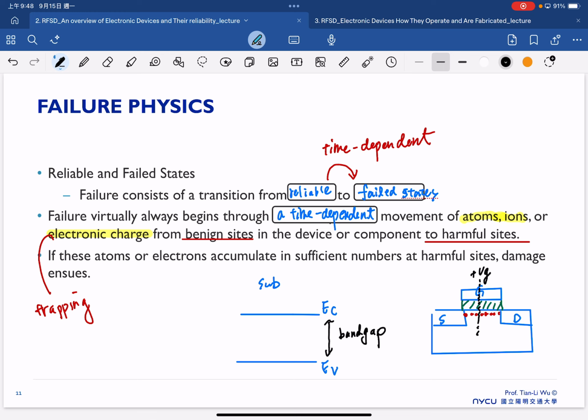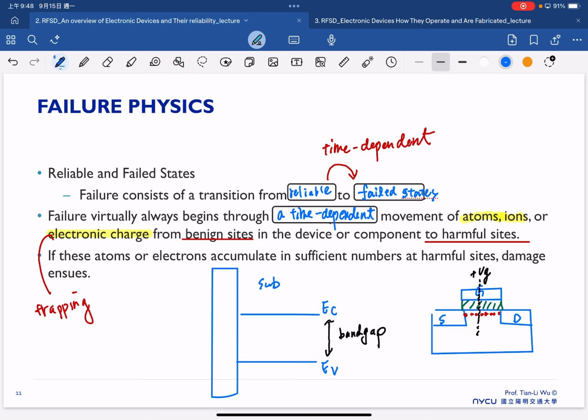This is the band diagram for the substrate, and beyond the substrate we start to have the dielectric, which, as you know, is an insulator. For an insulator, we normally have a large band gap compared to silicon.